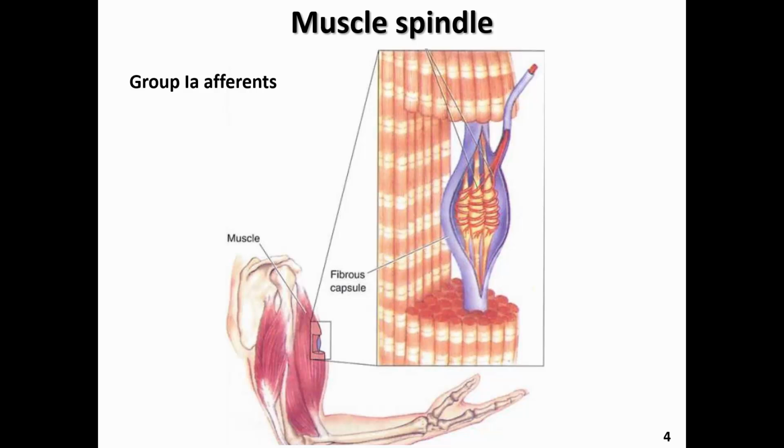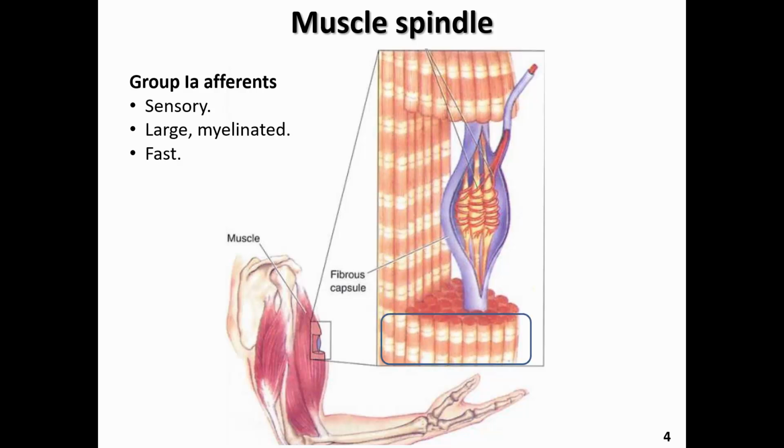The major sensory neuron coming out of the muscle spindle is what's called the group 1A afferent. Afferent indicates that these are bioelectrical signals traveling from the periphery towards the spinal cord. Therefore, these are sensory. Because they're classified as group 1A, these are sensory neurons that are large and myelinated, indicating that these bioelectrical signals transmit very quickly.